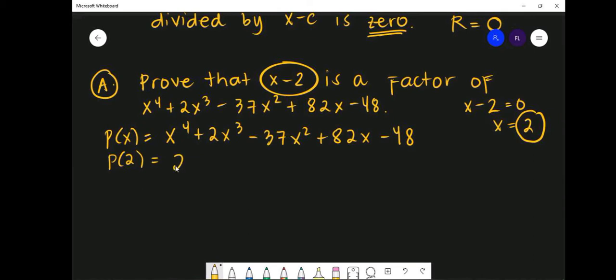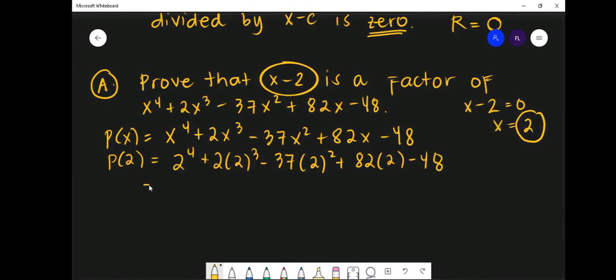That is equal to 2 raised to 4 plus 2 times 2 raised to 3 minus 37 times 2 squared plus 82 multiplied by 2 minus 48. Okay, so pwede naman, you are free to use calculators kung nahihirapan sa ganito. Kasi ang importante dito, alam nyo yung process na gagawin.